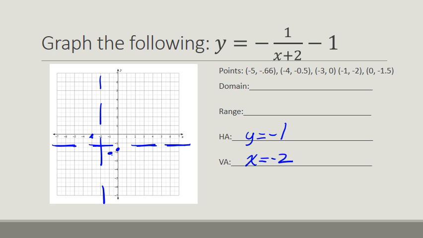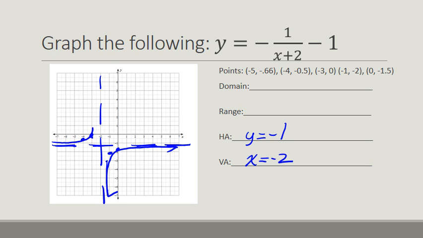Okay? So then this is going to be here. So we're going to be there and there. I have the point (-3, -2), which is here. (-4, -0.5), which would be here. Okay.